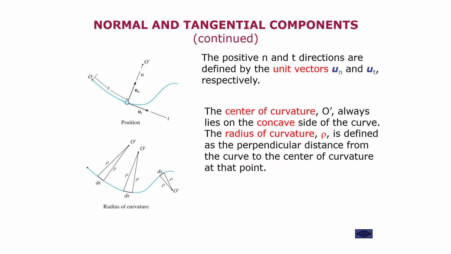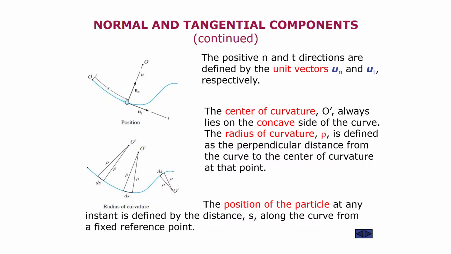The center of curvature always lies on the concave side of the curve, and the radius of curvature is defined by the symbol rho, or you can use radius r. The position of the particle at any instant is defined by the distance s along the curve from a fixed reference point. Usually s refers to the arc of motion.